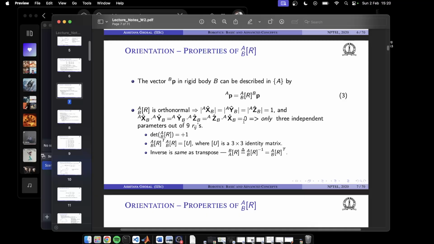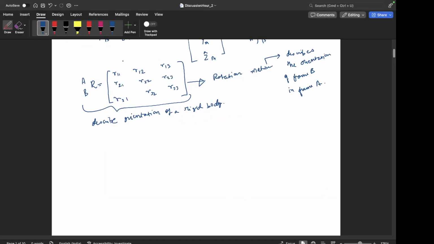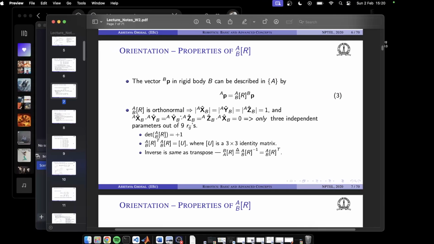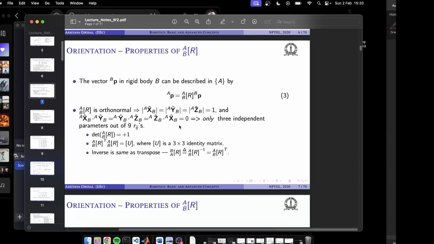So there are three independent vectors, right? And this rotation matrix in this form has 9 parameters, but due to these two equations on the norm of these unit vectors and the mutual orthogonality of these unit vectors, they impose 6 constraints, and thus only 3 independent parameters are left, right?